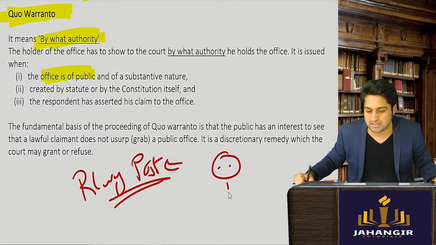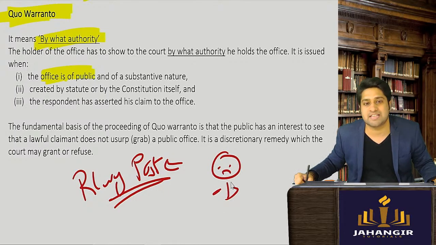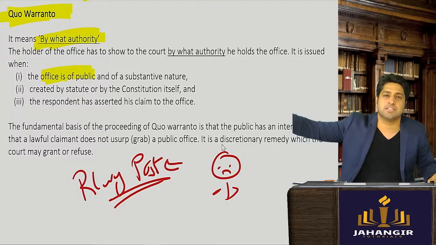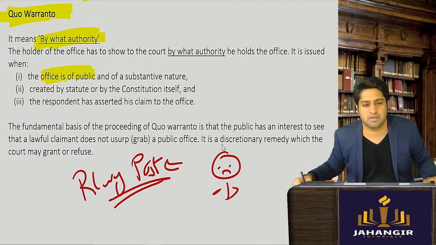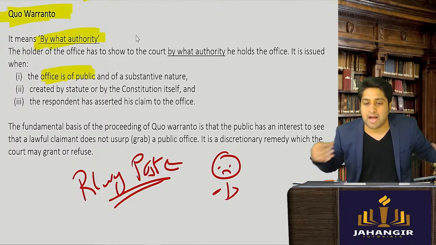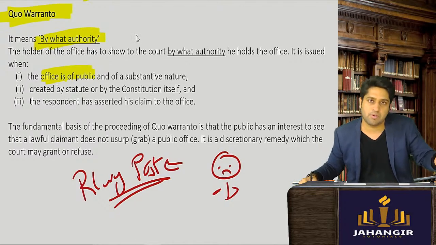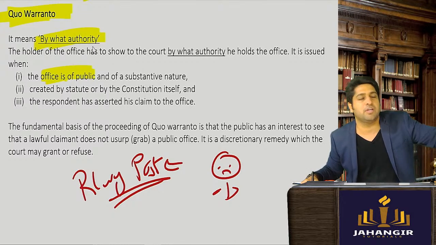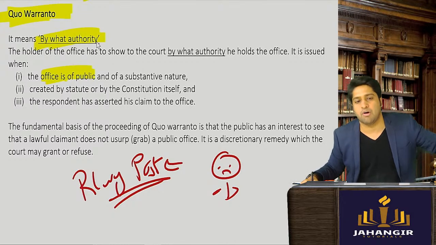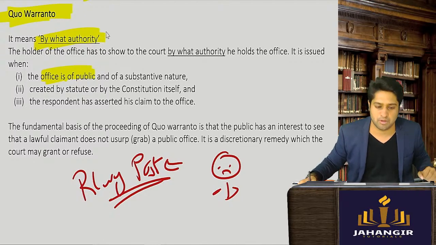So there must be a deserving candidate who will be very sad, and he will say that listen, this politician is putting all his people in this public post. I would have got the post. So then the court will call this politician and tell him, by what authority are you holding this post? How did you get the job?